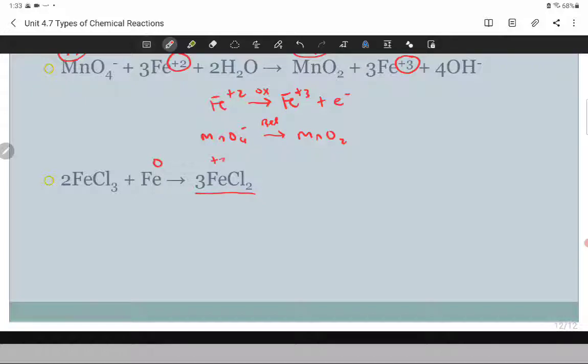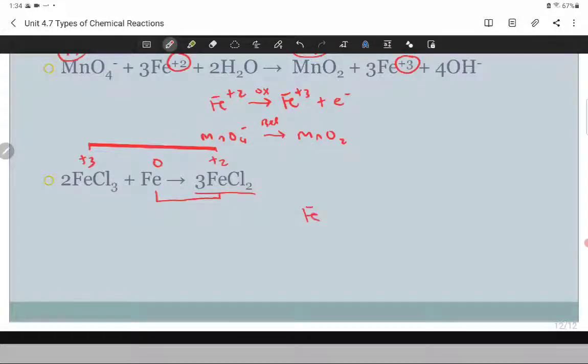This one over here, this iron is going to be a +3, and this iron here, whoops, not a +3. I don't know why I did that. +2. And this iron over here is a +3. So iron +3 to iron +2, whoops, and then iron 0 to iron +2.